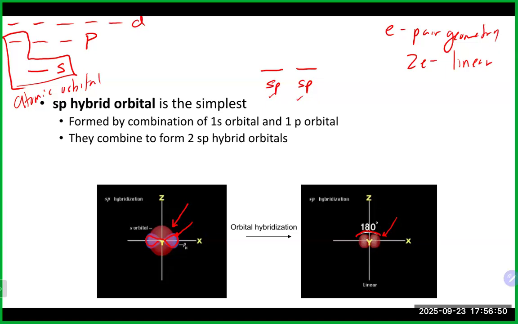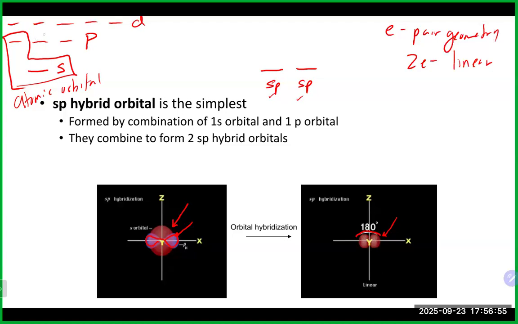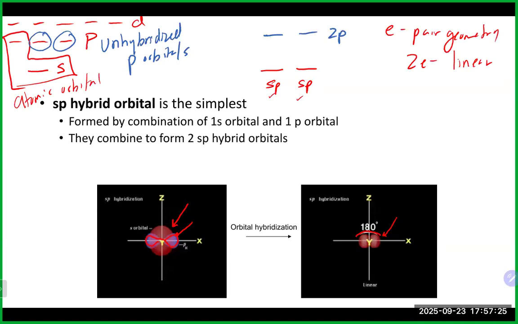Now, when we do this, by the way, we will have what are referred to as unhybridized p orbitals in this case. We actually will have 2 of them, the py and the pz orbital, 2 regular run-of-the-mill p orbitals that are unhybridized. So sp hybridization goes with the linear electron pair geometry, our 2 electron pairs.